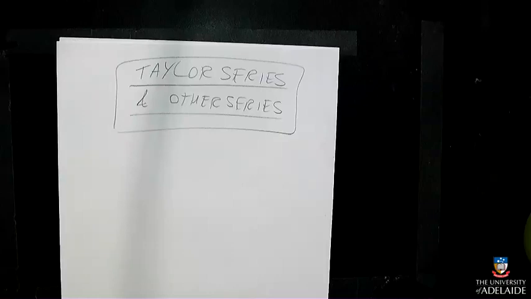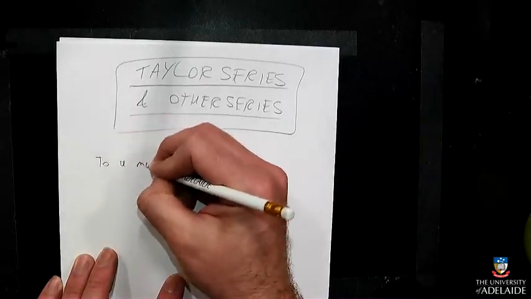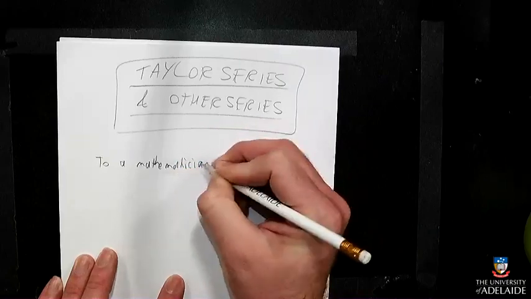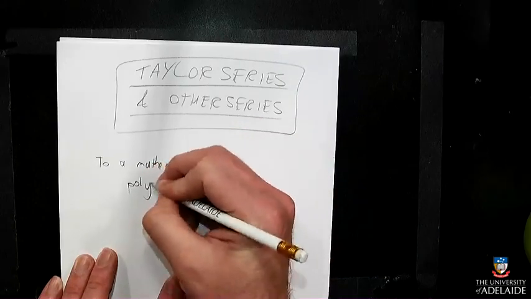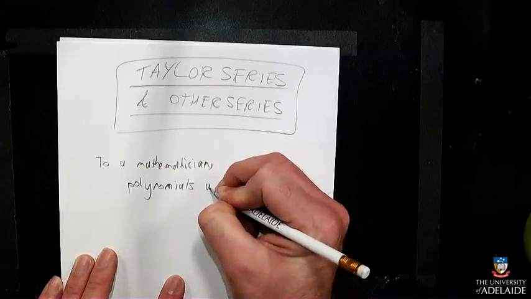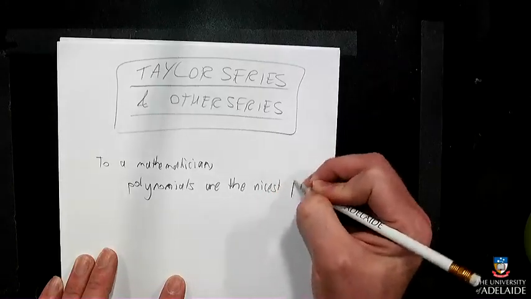So the idea here is that mathematicians think that polynomials are nice. They're good functions because we know how they work. And so in a mathematician's mind, polynomials are the nicest functions.